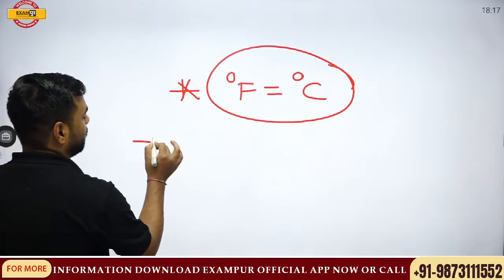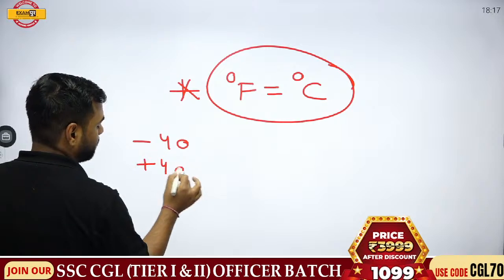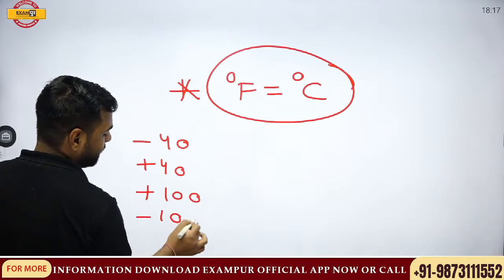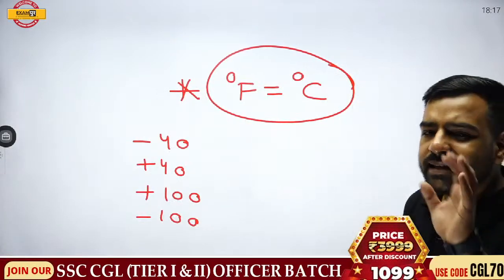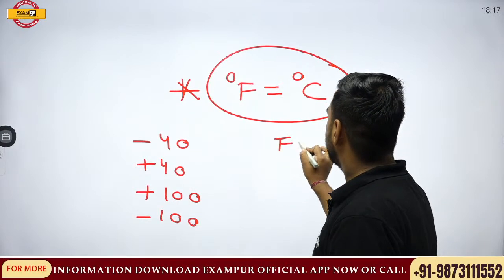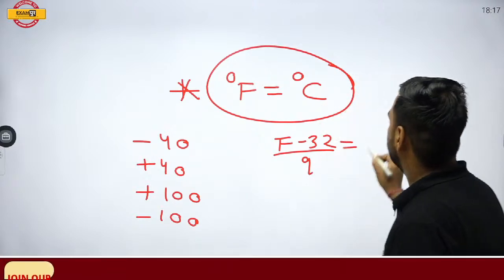Okay, first of all, I'll write minus 40, then plus 40, then plus 100, or then minus 100. So these are 4 options for you. No, Ganesh, just try to have a look. If I try to solve it, (F minus 32) by 9 is equal to C by 5.